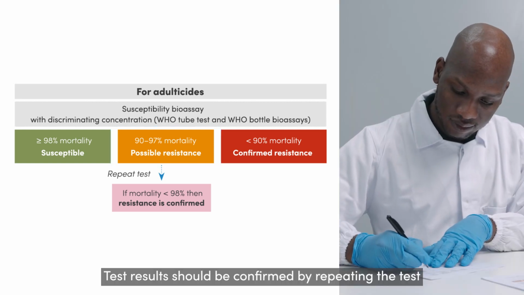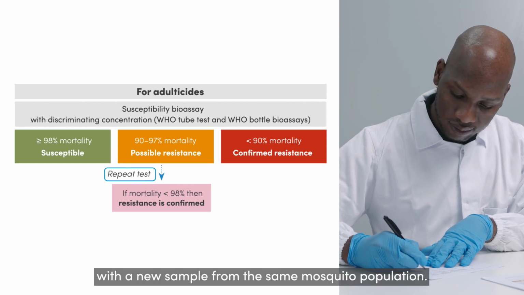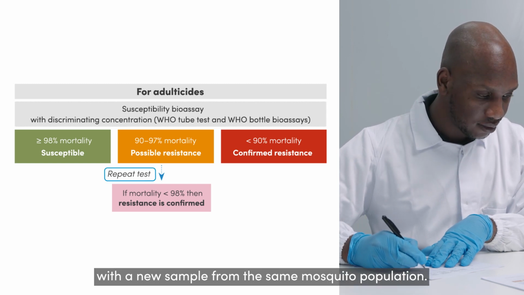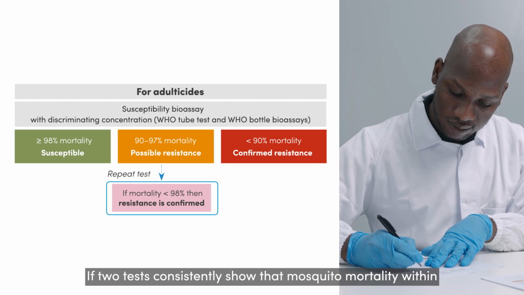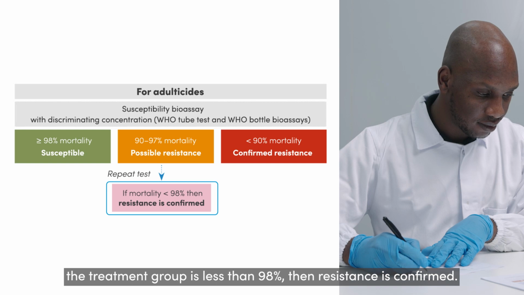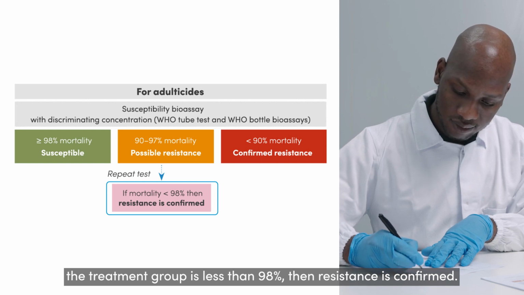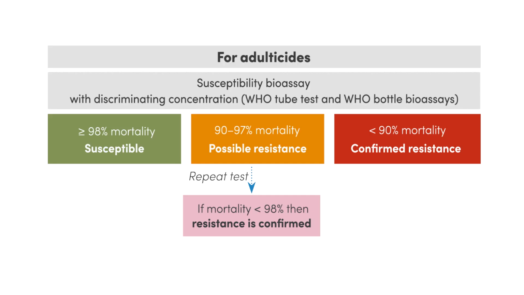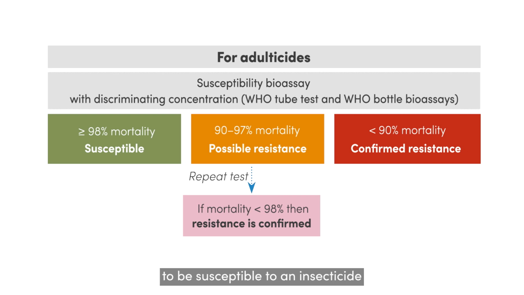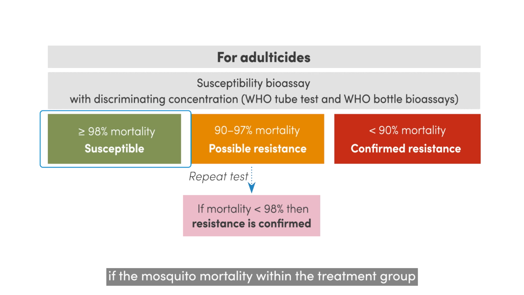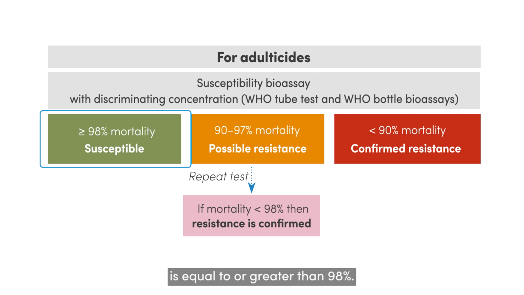Test results should be confirmed by repeating the test with a new sample from the same mosquito population. If 2 tests consistently show that mosquito mortality within the treatment group is less than 98%, then resistance is confirmed. A vector population is considered to be susceptible to an insecticide if the mosquito mortality within the treatment group is equal to or greater than 98%.